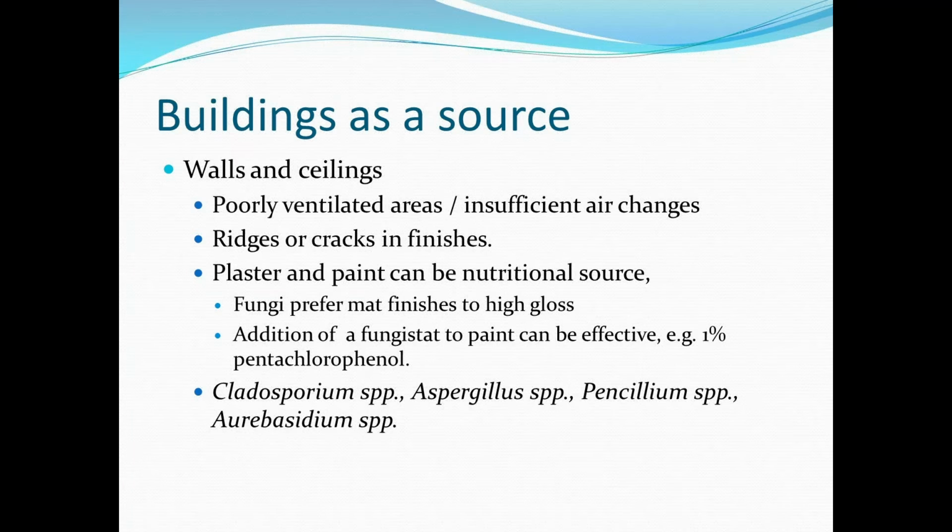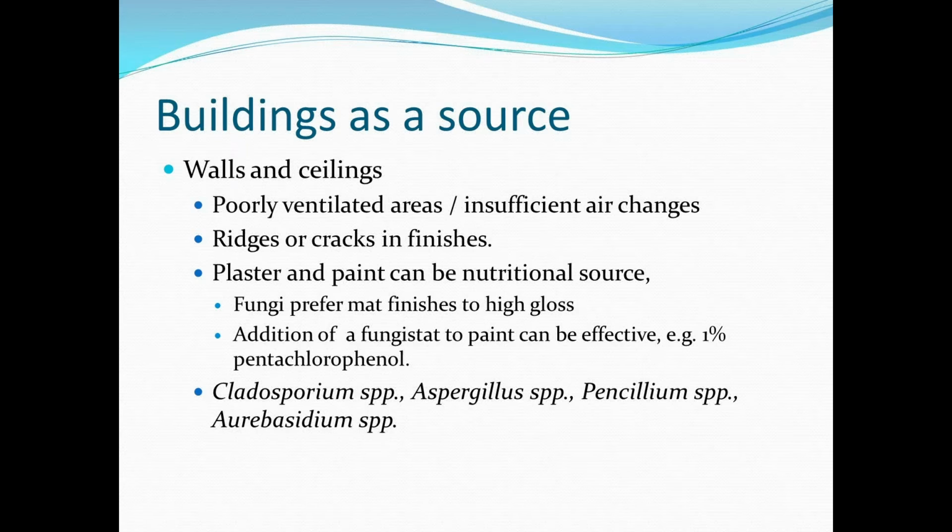Then there are risks from ridges or cracks in finishes, areas where spores can be deposited and fungi can then start growing. Plaster and paint can be a nutritional source for fungi, so the types of paints used in clean rooms need to be clean room suitable.